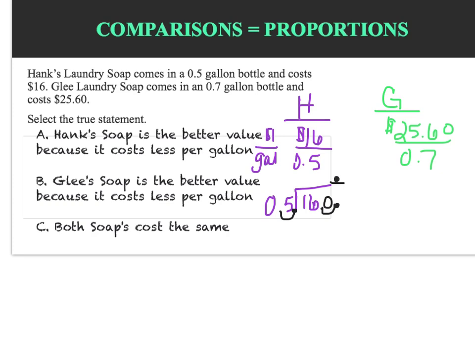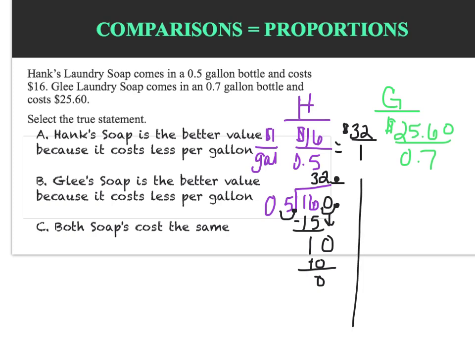So 5 goes into 16 3 times. 3 times 5 is 15, subtract 1. Bring down my 0, 5 goes into 10 2 times. So I get 32. And again, this is going to represent $32 for 1 gallon.